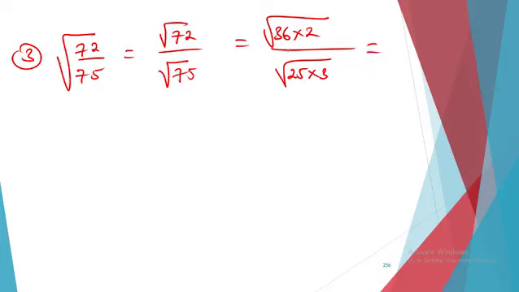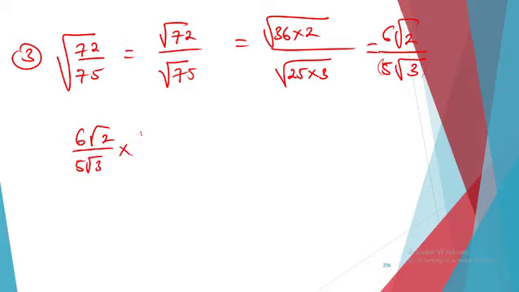Square root of 36 is 6 root 2, all over square root of 25 is 5 root 3. Is that correct? So what do we do here? We multiply through by the denominator, which is 5 root 3. So we have 6 root 2 over 5 root 3 times 5 root 3 over 5 root 3.